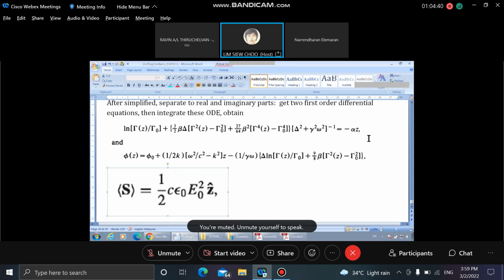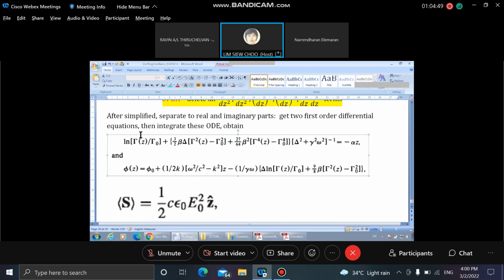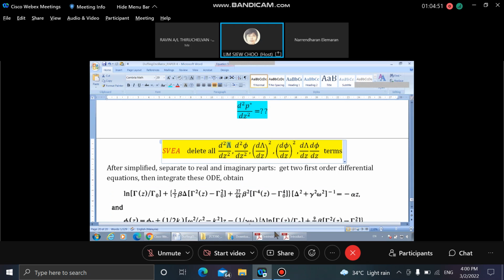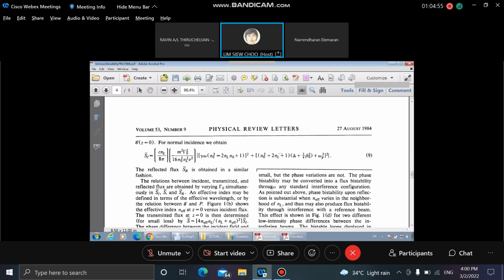So when you get these two equations, from here you find that the gamma here is related to the lambda according to the statement here. You might wonder why suddenly the gamma comes out.